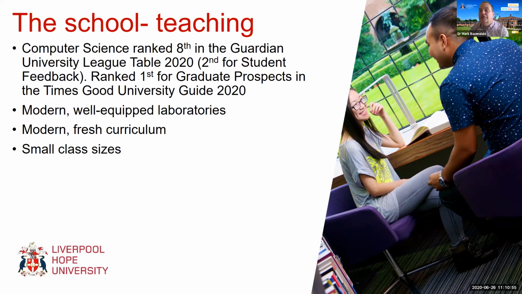Mark, when you say large lecture, it's not like a lot of other universities, though. Yes, as I said, relatively speaking, when I was at another university, I used to teach the first year there, and the class size was 200 to 300 people. Now we haven't got the physical space to accommodate that number of people in a particular class, so we're talking about class sizes of 30 to 40 at most, and normally lab sessions are about 20. So because we've got small class sizes, that changes the dynamic of how you interact with the students.